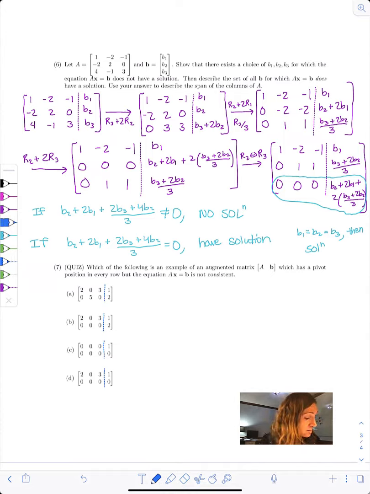In other words, this does count as a pivot position in row 2, even though it's in that extra spot. And we want an example of one that does have a pivot position in every row, but the underlying system is not consistent.